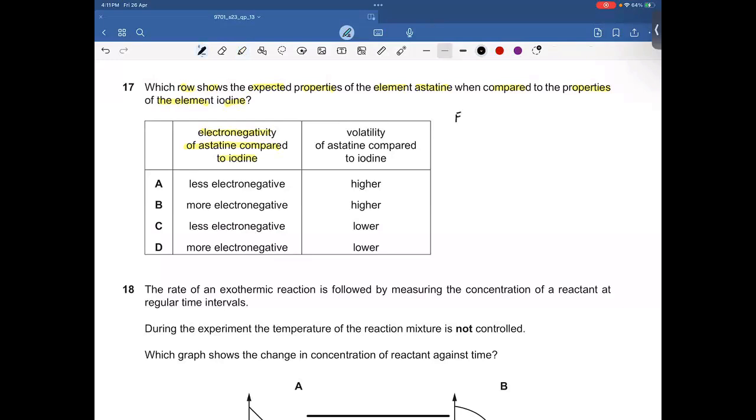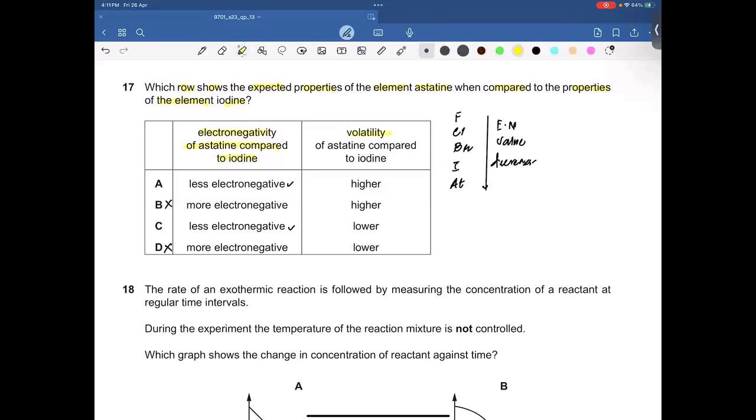We know that down the group, electronegativity value decreases, which means astatine is a less electronegative element than iodine, and therefore options B and D are incorrect.